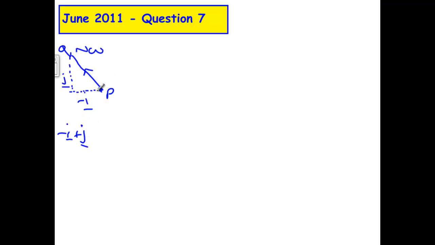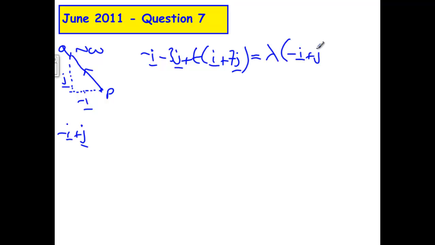So my expression for P to Q is minus i minus 3j plus t lots of (i plus 7j). Now because this has to be parallel to this vector in order for Q to be northwest of P, I'm going to set this equal to lambda times (minus i plus j). Okay.